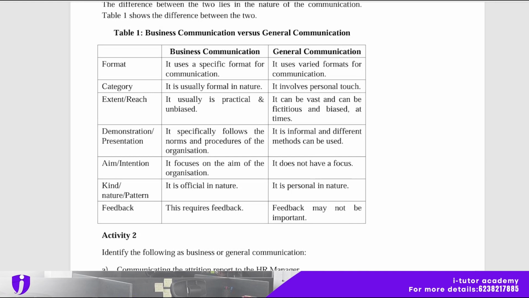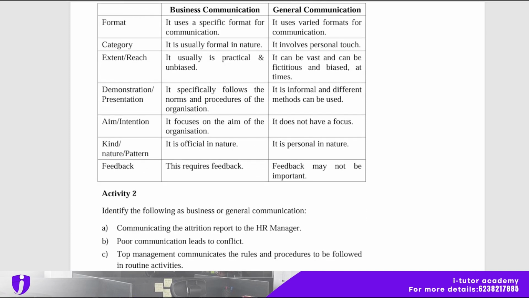Extent or reach. Business communication is usually practical and unbiased. General communication can be vast, fictitious and biased at times. And demonstration or presentation, business communication specifically follows the norms and procedures of the organization. And general communication is informal and different methods can be used.